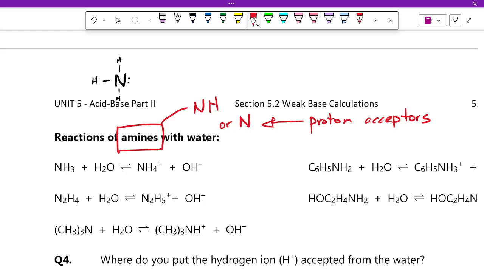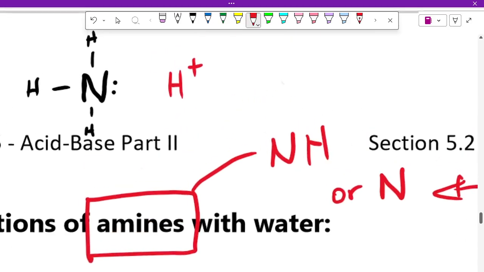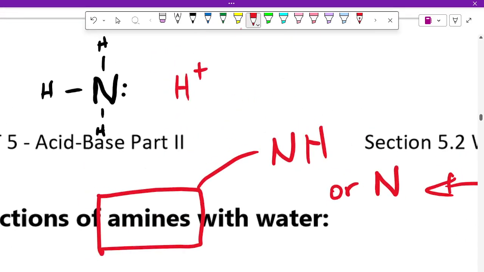Well, if you were a little hydrogen floating around and you had a positive charge, you would look at that little lone pair over there and you would say, ooh, look at that lone pair. That's pretty negative, and I am positive. Therefore, there is an attraction.